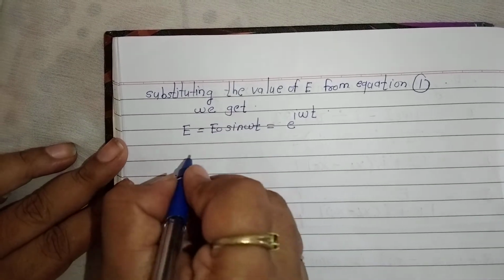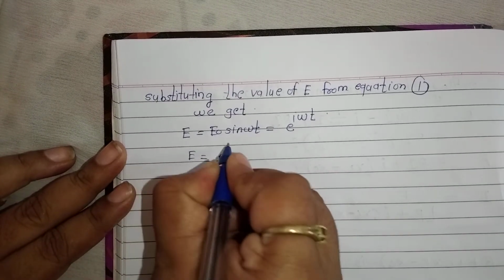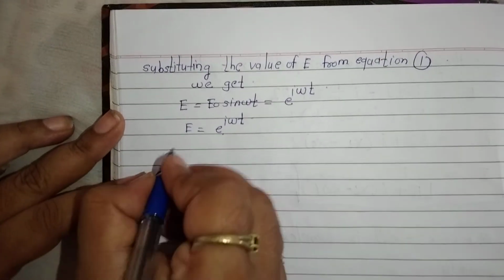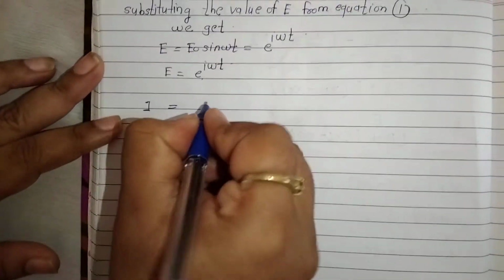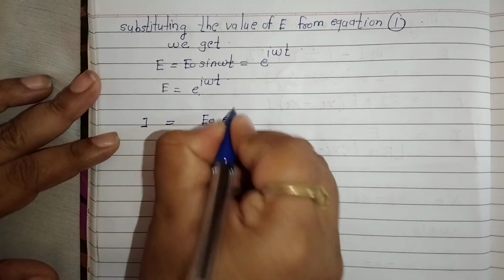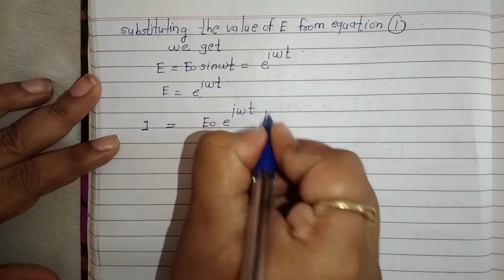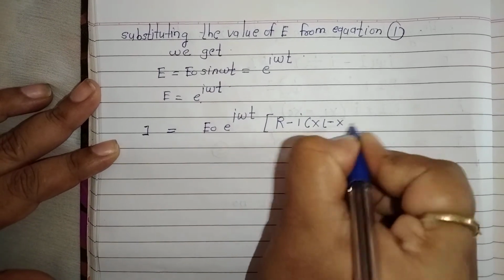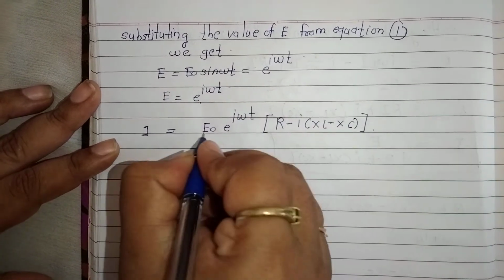So we take only E is equal to E0 e raised to i omega t. Put this value in equation 4. We get I is equal to E0 e raised to i omega t times R minus i(XL minus XC) divided by Z square.